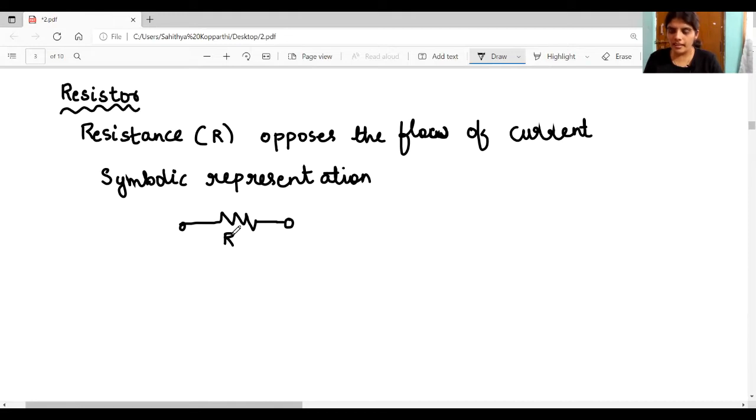This results in the reduction of current, and this property is termed as resistance. So if a conductor is very good, then its resistance is very less. I mean, obstruction to the flow of current will be very less.